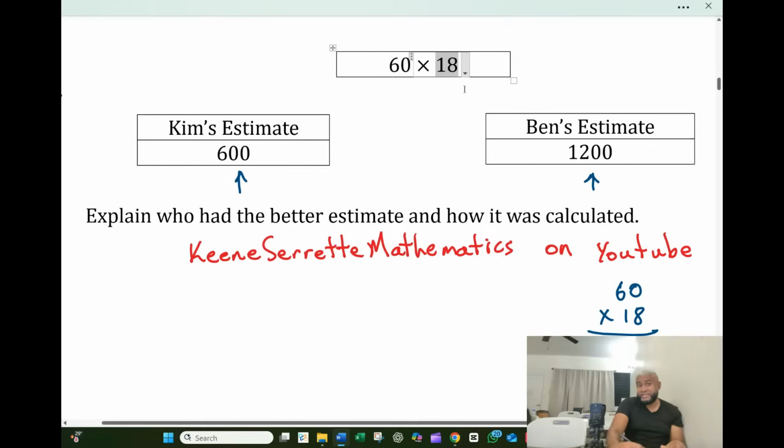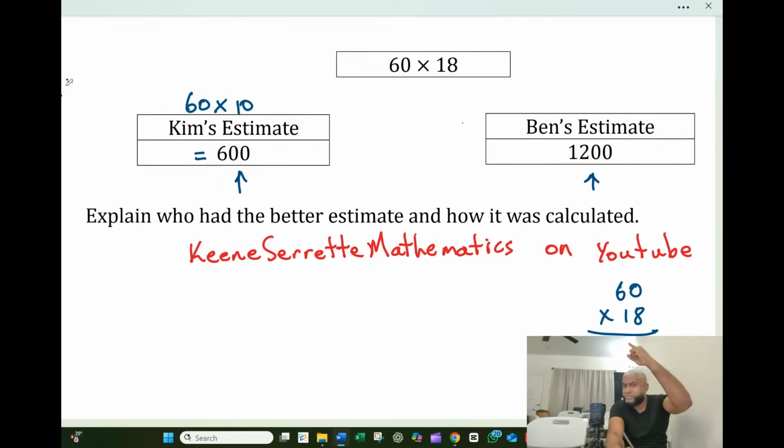So I'm guessing Kim did 60 multiplied by 10 to get the 600. Am I correct, guys? And what do you think Ben did? I think Ben went up to 20. You all agree? So Ben did 60 multiplied by 20 to get 1200. We good there, Kiana? Girls, we good?